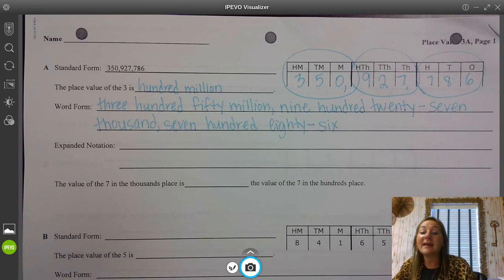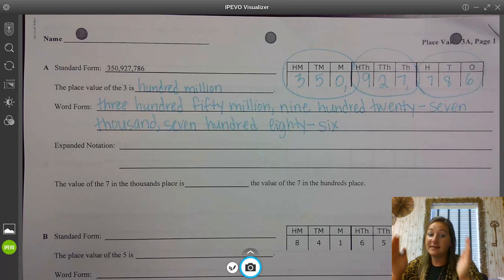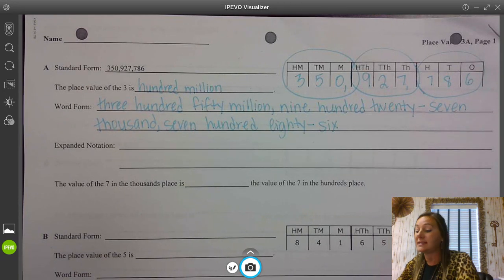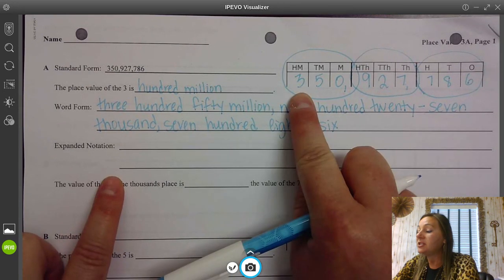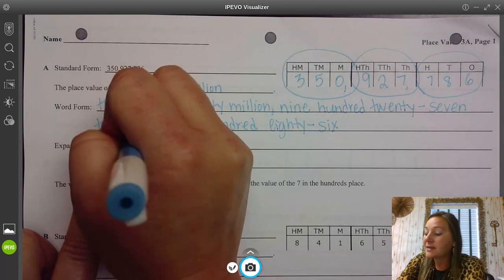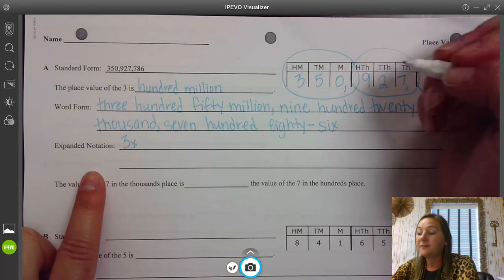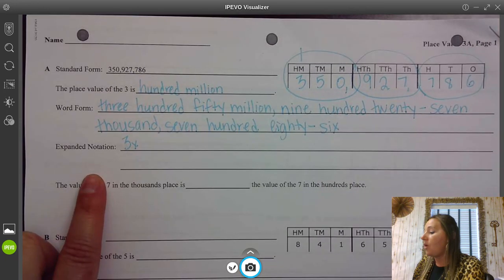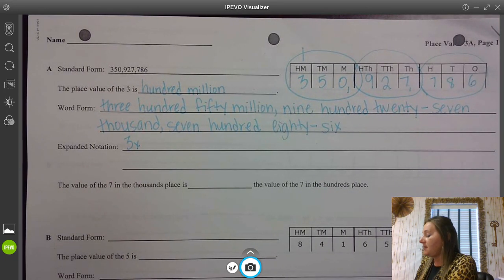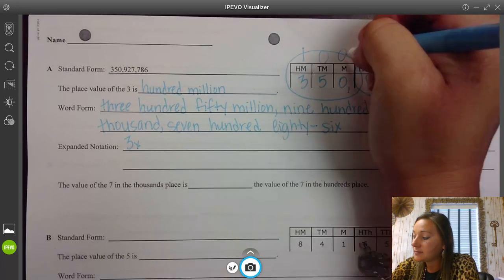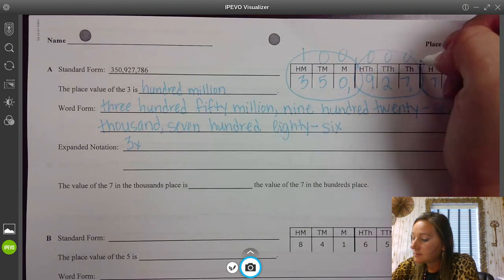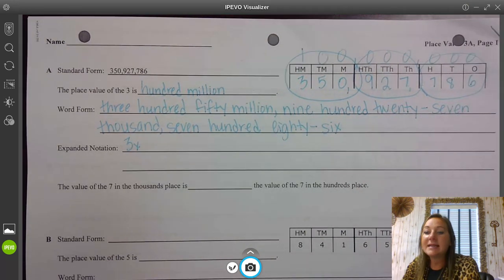Expanded notation. Okay, I've been writing it with parentheses. Now, you won't always see it with the parentheses. I personally like it because it keeps it organized, but this time I'm not using a parenthesis. So my first digit is a 3. So I have 3 times, and it's in the 100 millions. Again, if you're struggling, you can put your 1 above that. Make the rest of it zeros, just to test out how many zeros you need.